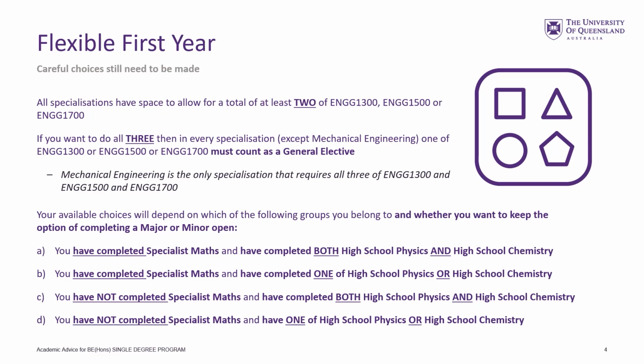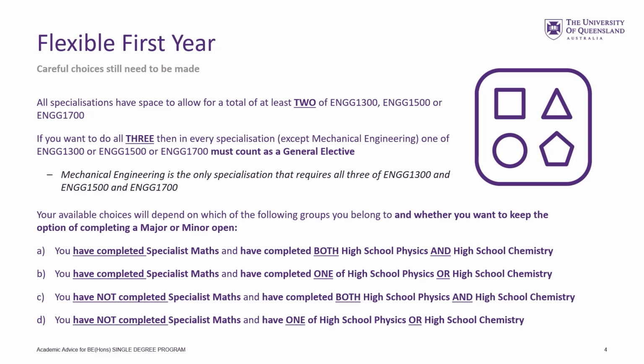If you want to do all 3, then in every specialisation except for mechanical engineering, one of these must then count as a general elective. Mechanical engineering is the only specialisation that requires all 3 of 1300, 1500 and 1700.